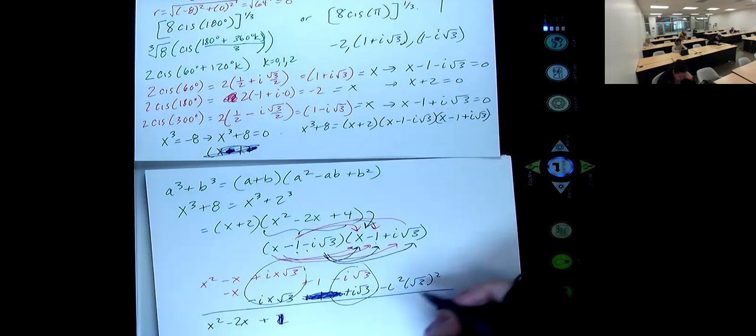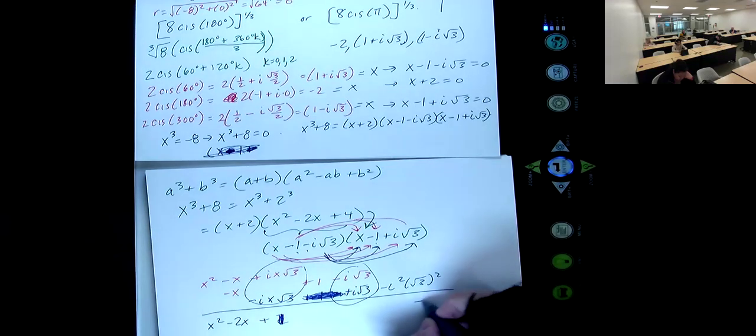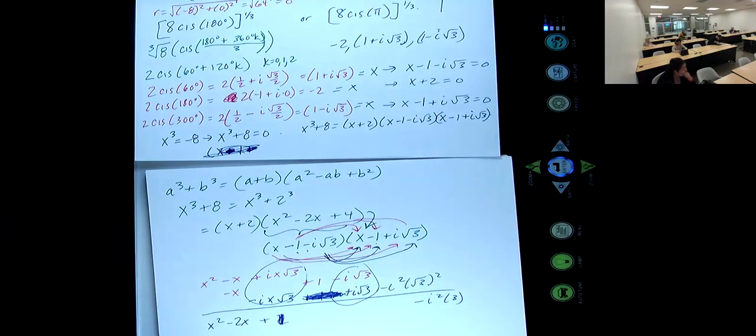And we have negative i squared times 3. What is i squared? Negative 1. So that term turns into plus 3.